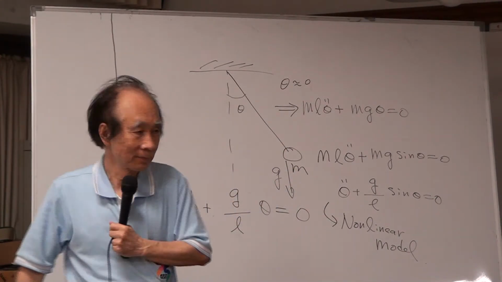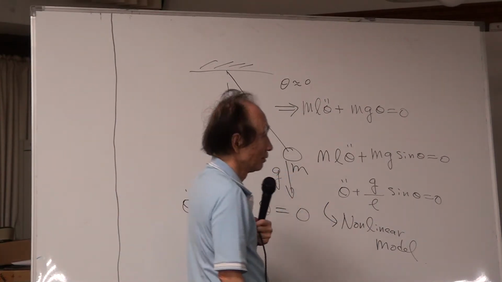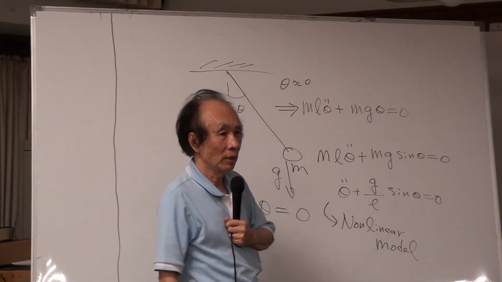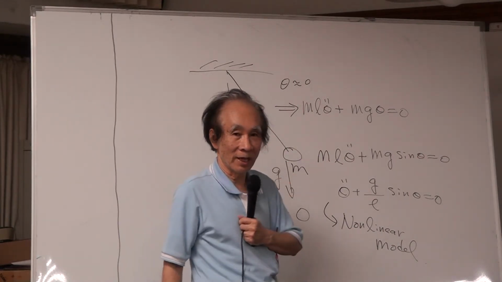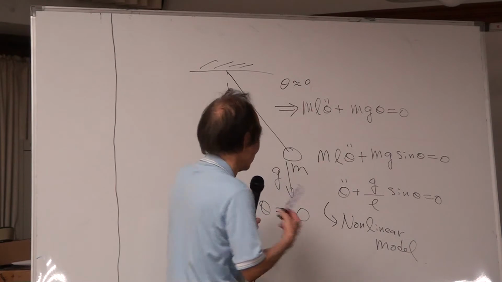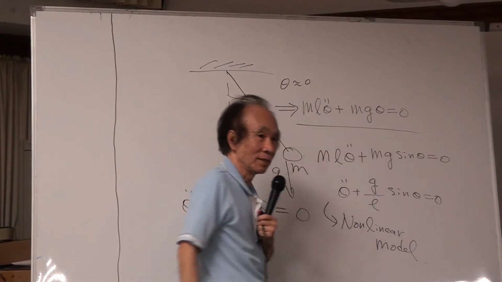Okay? This is a nonlinear model. But so far, from February till today, we all use a linear model like this. That's my linear model. Agree?